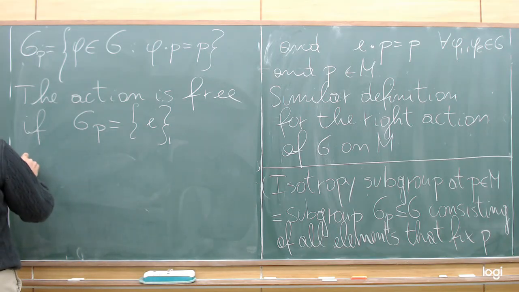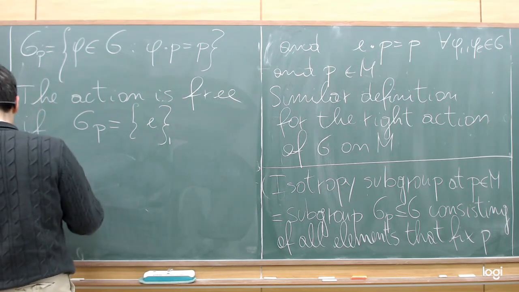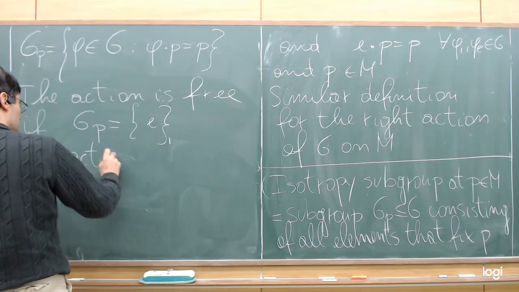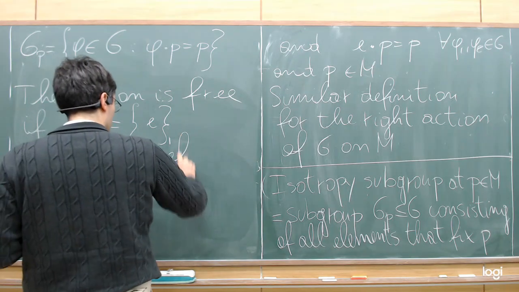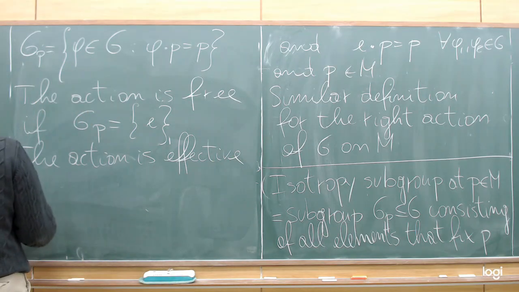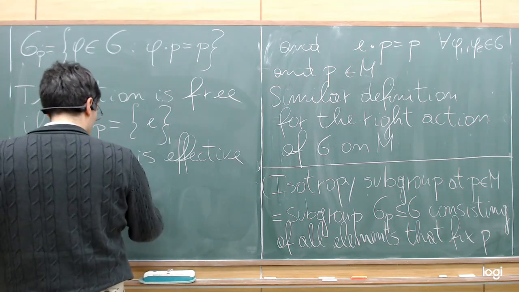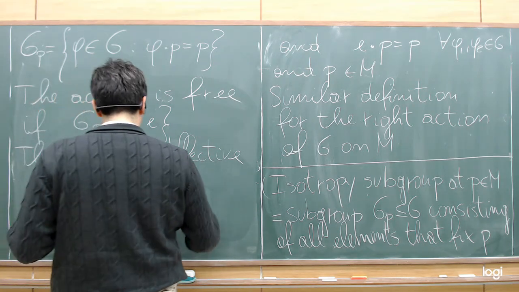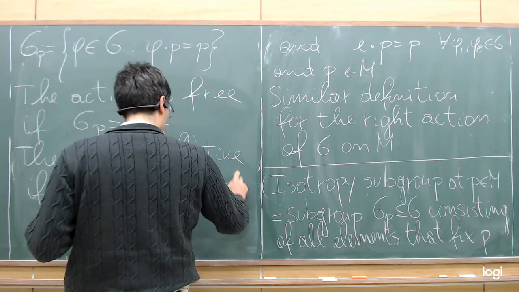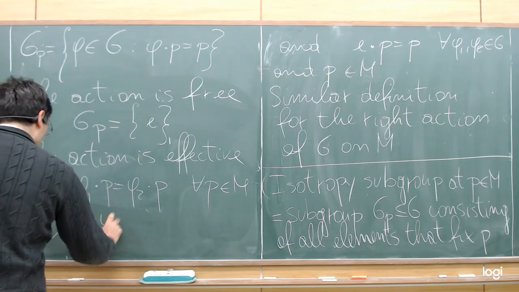The action is effective if phi 1 dot p equals phi 2 dot p for all p in M if and only if phi 1 is equal to phi 2.